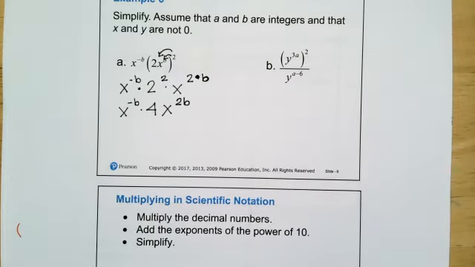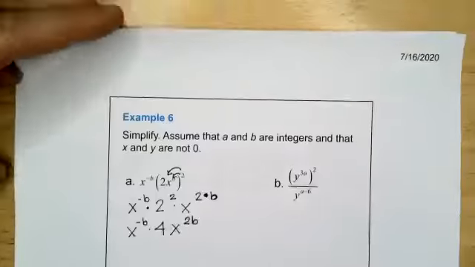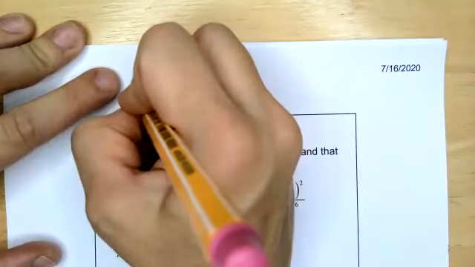Okay. Now, can you combine negative b and 2b? They have the same base. I want to say no. What's the rule? The rule is if our bases are the same, right?